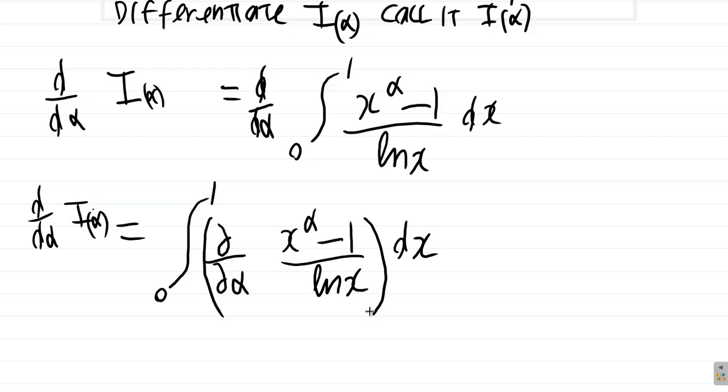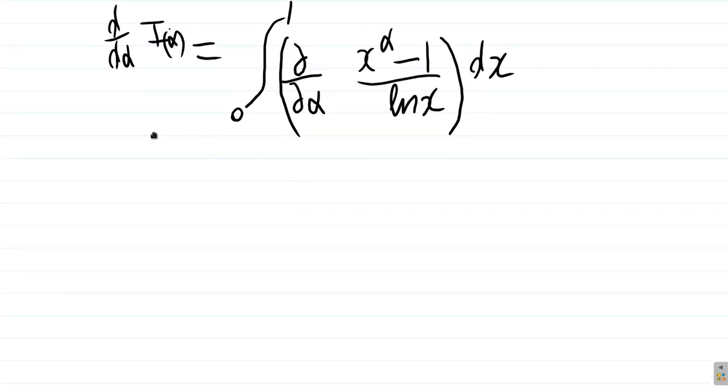We'll wait until later to carry out the integral. Now, it means that we are differentiating with respect to alpha, the partial derivative with respect to alpha. So we treat x as if it is a constant for now.